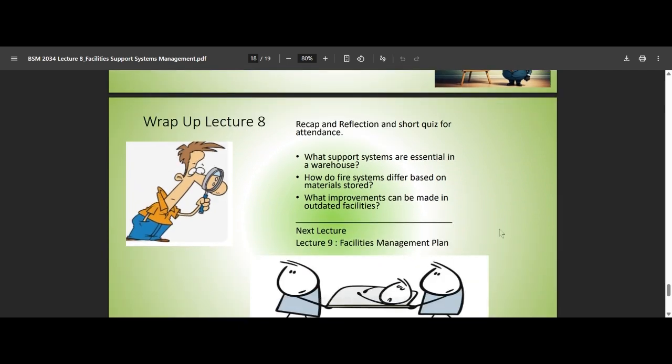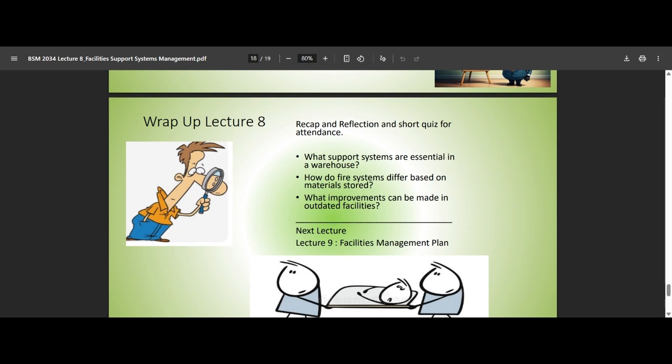Now, we have come to the end. What we require you to do is recap and reflect. There will be a short quiz posted in BLMS to capture your attendance. Don't worry, I will give you many attempts. We do not restrict your attempts, so long as you get all the answers right.